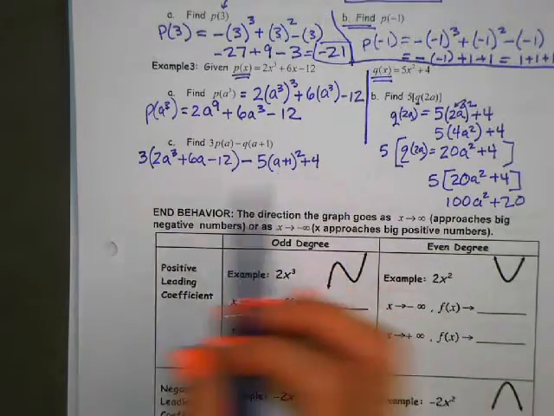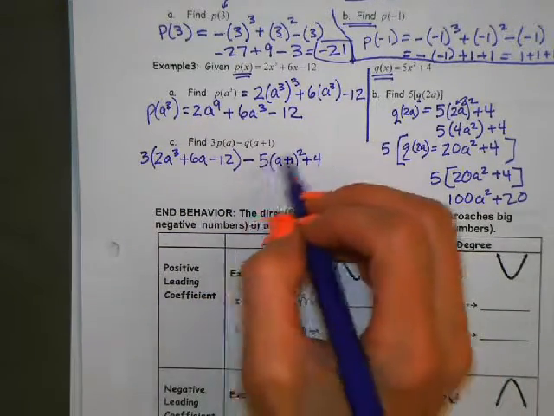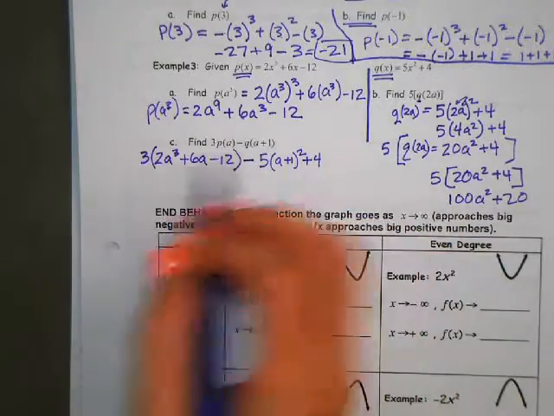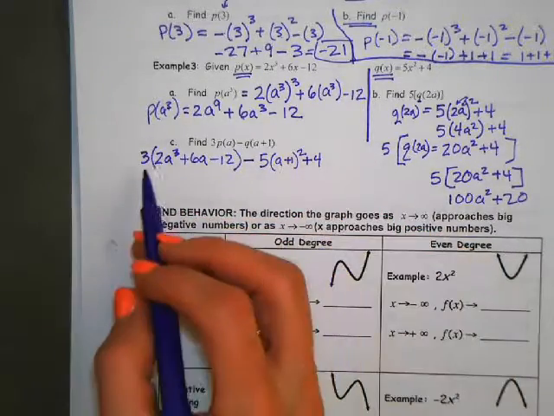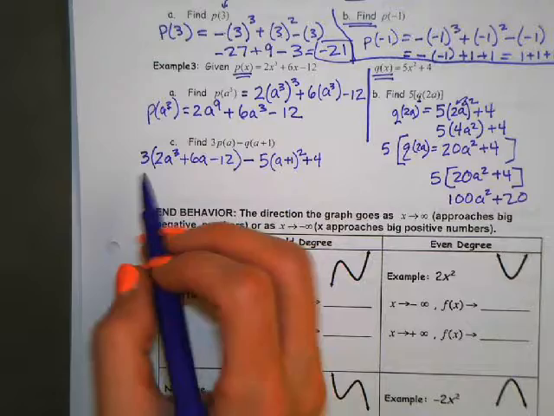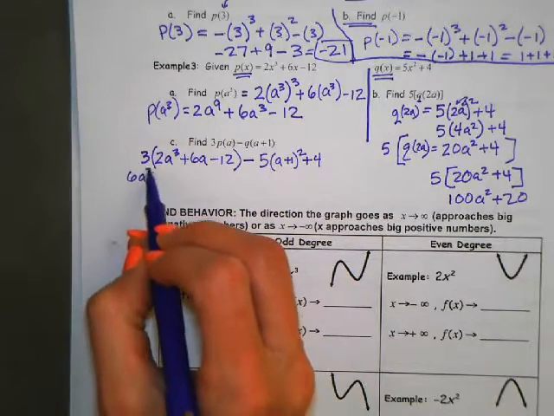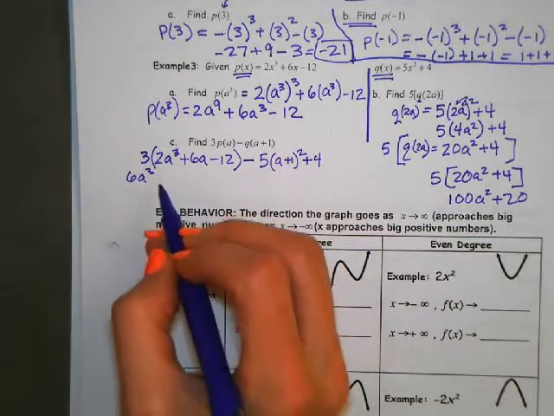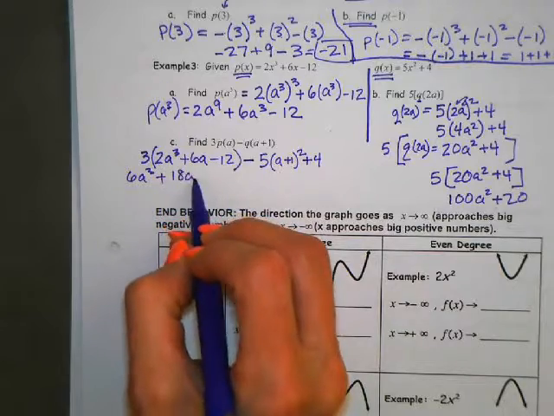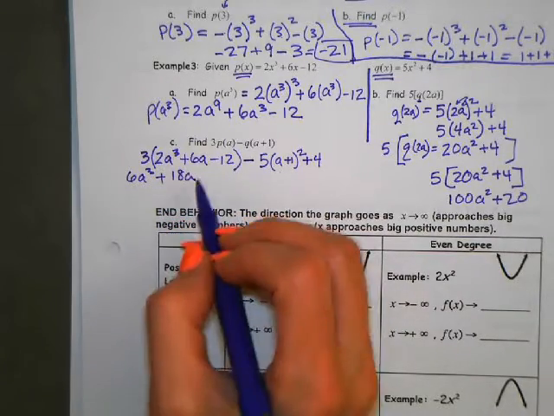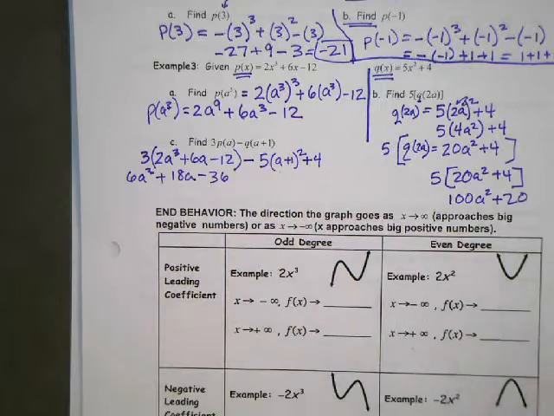At this point, you guys, you want to just solve it. So this whole thing is going to be subtracted. We're just going to go through and do the basic math. So we have 3 times 2a cubed, that becomes 6a cubed. You get 3 times 6a, that's plus 18a. You get 3 times minus 12, that's minus 36.